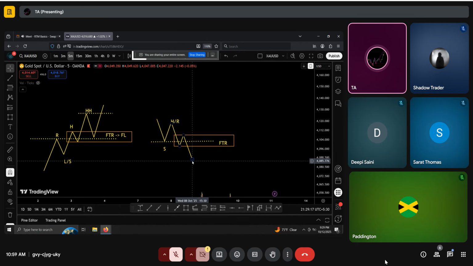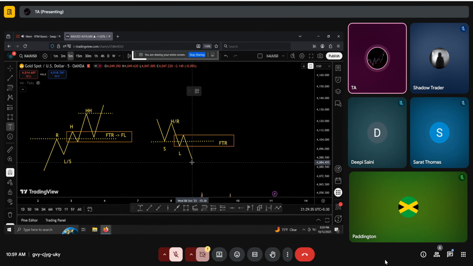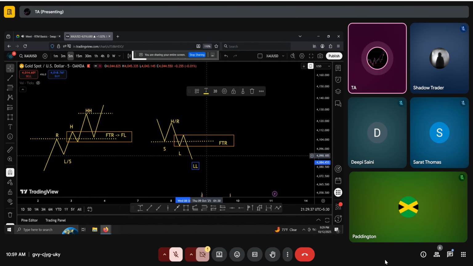When this is formed, what is formed here? Support, or we can say this low. Here this is the low and this is the lower low. So we will denote this as low and this as lower low.